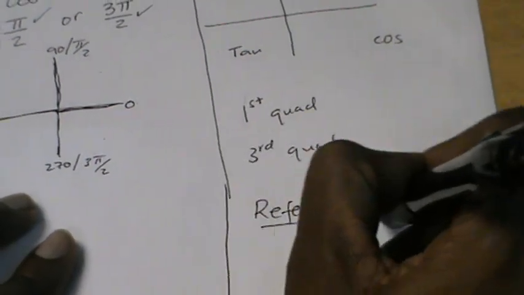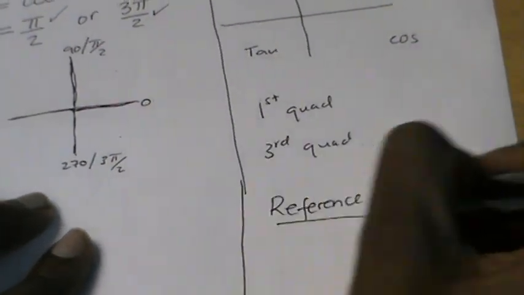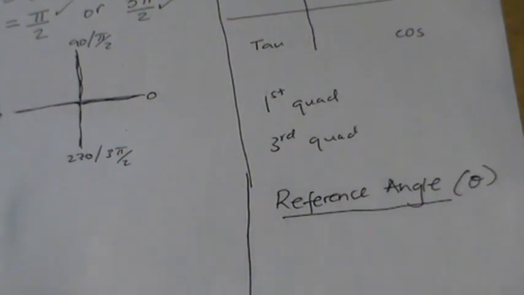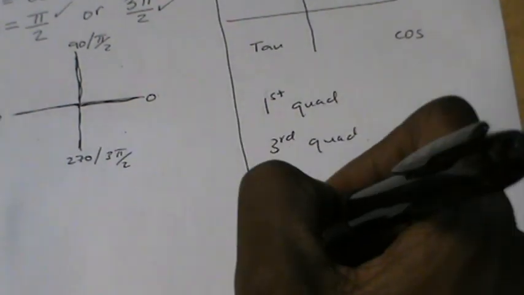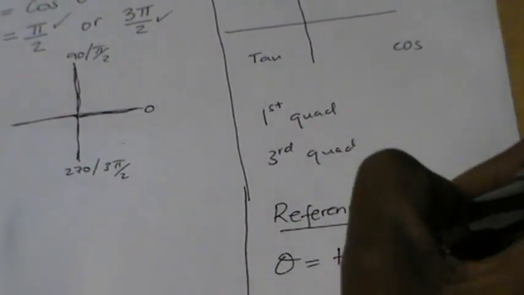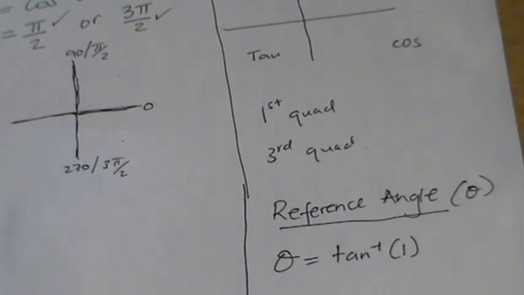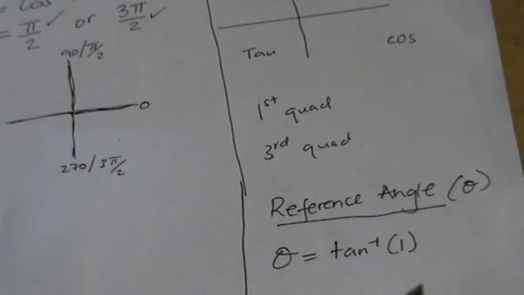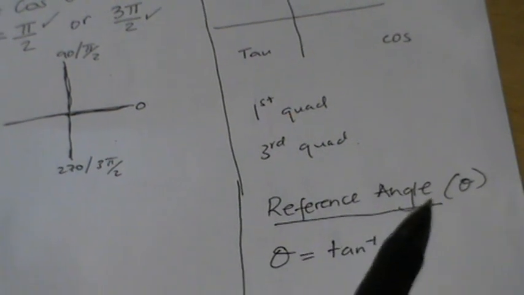Now the reference angle, I will call it theta. And remember, theta should be in radians because that is what we are working with. So theta is just tan inverse of 1. You do this on your calculator, but this again is a special angle that you should know.